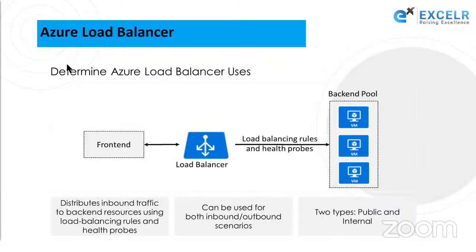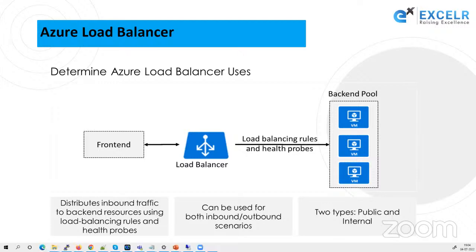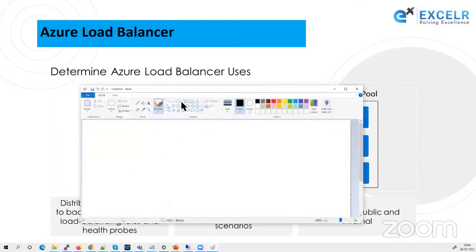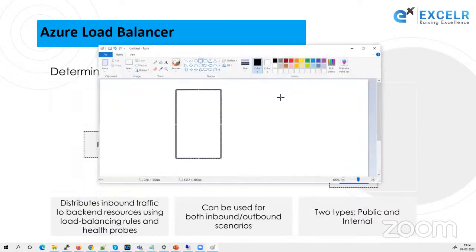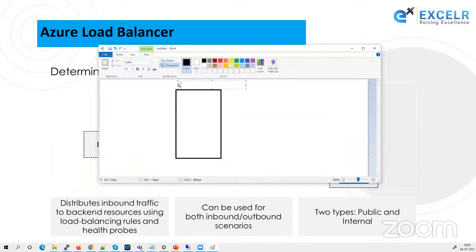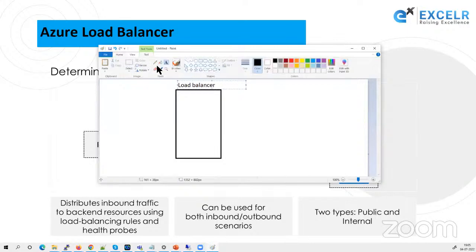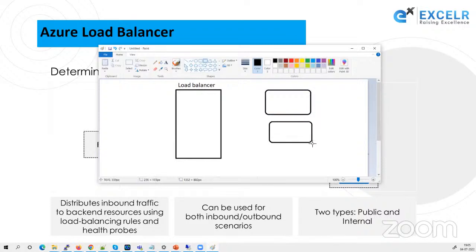So an Azure load balancer, or a load balancer in general, is a device. Let me take Paint and show you something. So this is a device, which I call a load balancer. Behind this load balancer, we have multiple servers, web application or web servers.